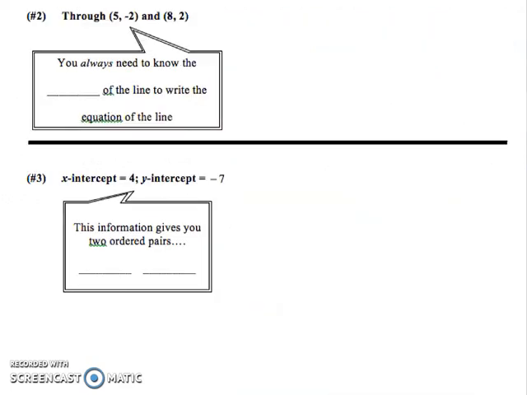Example number 2 just gives us 2 ordered pairs, and we have this little call-out box here. You always need to know the slope of the line to write the equation of the line. So our first job here is going to be, we have to find our slope. Our slope again is y2 minus y1 over x2 minus x1, and it doesn't matter which ordered pair you call 2, which ordered pair you call 1.